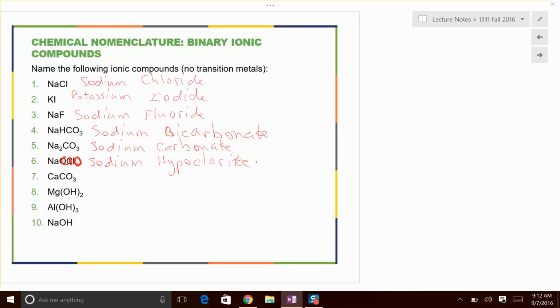Calcium carbonate. OH, that's hydroxide. That's another one we'll learn. Hydroxide, OH. Okay? OH is hydroxide. That's going to be a very common one you're going to have to know, especially when we get into acids and bases. Actually, do we get that? Maybe you don't get into that till next semester. But hydroxide, very common.